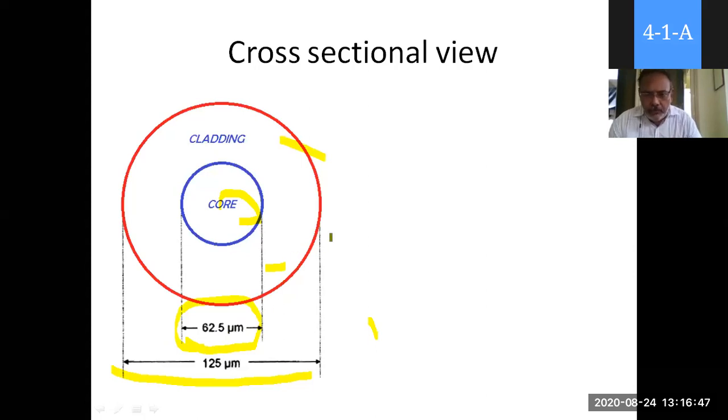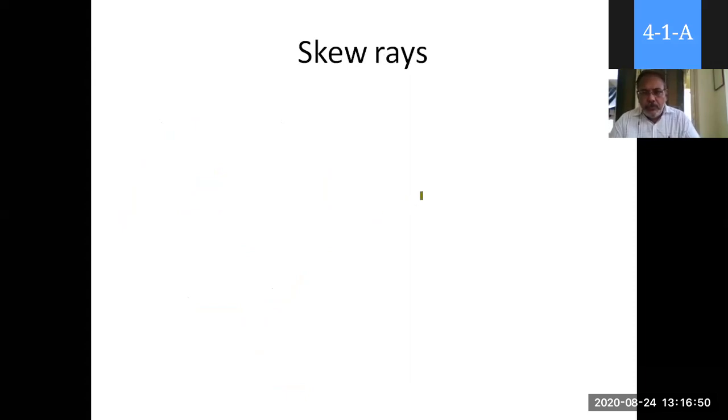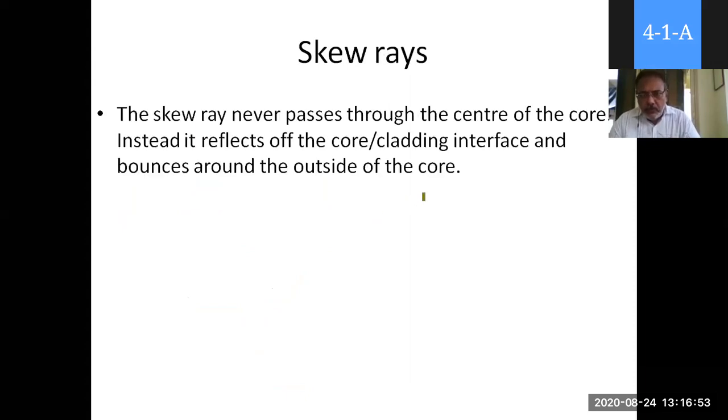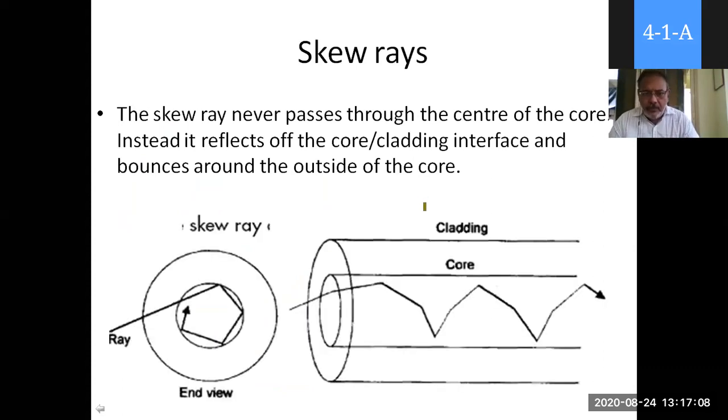In the previous class we already discussed skew rays. What is a skew ray? A skew ray means the light propagates through the fiber in a helical path. It will not cross the axial line, the central line. So that is the skew ray.